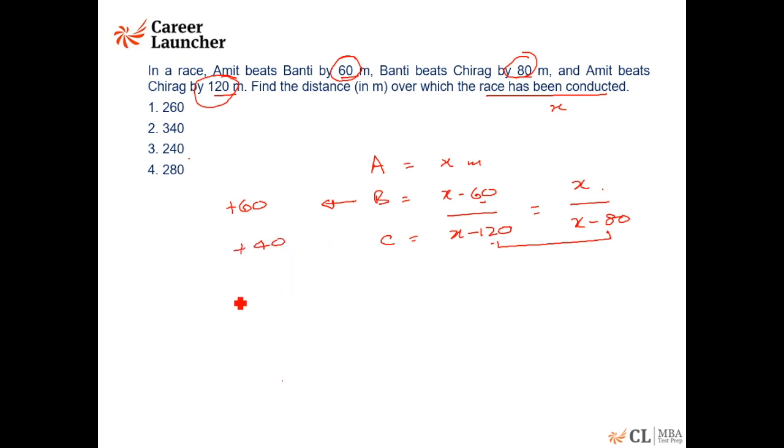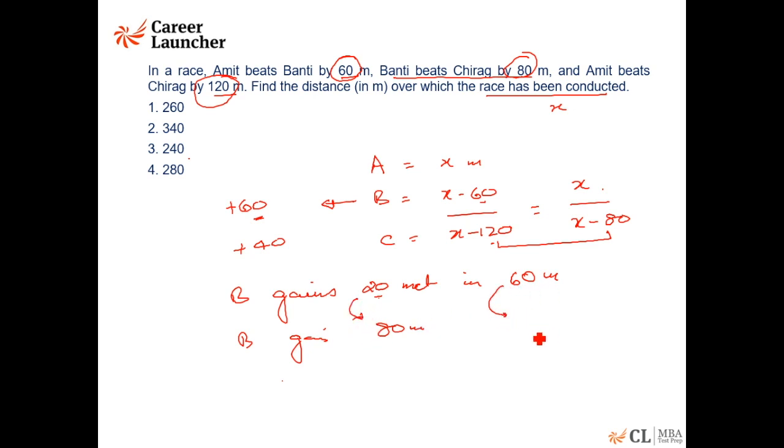What does this mean? This means Bunty gains 20 meters in 60 meters. When Bunty runs 60 meters, he will gain 20 meters over Chirag. And over the length of the race, Bunty gains 80 meters over Chirag. 20 into 4.